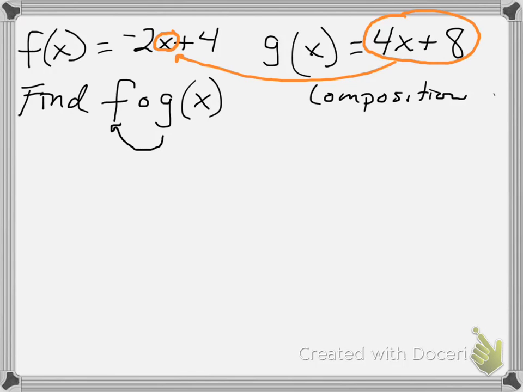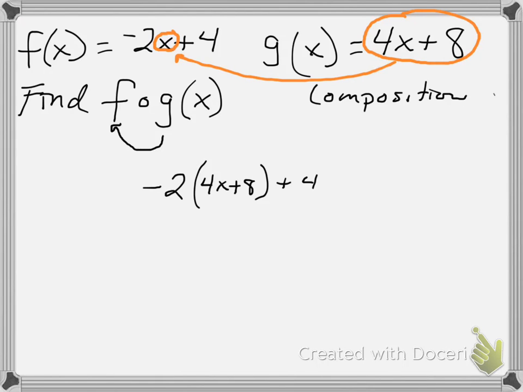You go from right to left. This function gets wedged into here. We are merging the two. So instead of writing negative 2x plus 4, I write negative 2 orange circle plus 4.